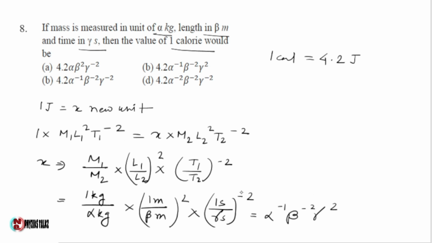So 1 joule is this quantity, so we have 1 calorie equals 4.2 into alpha inverse beta to the power minus 2 gamma square. So this is the relation. So the correct option is option B.